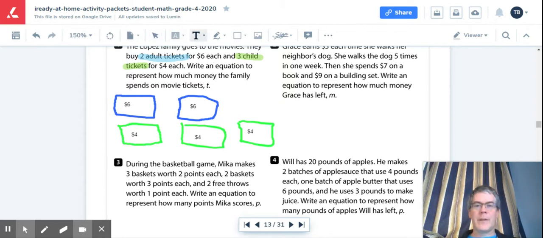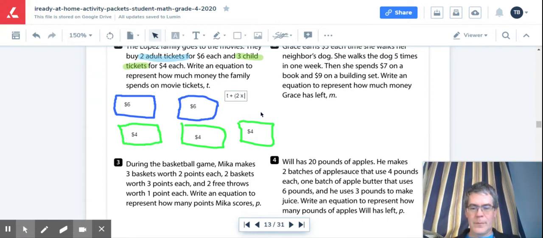If I were to write that into an equation, again, remember the total cost of my ticket is going to be T. So T is going to equal, since I have 2 adult tickets, I'm going to multiply 2 times 6. And then I'm going to add to that the cost of the 3 child tickets, 3 times 4.